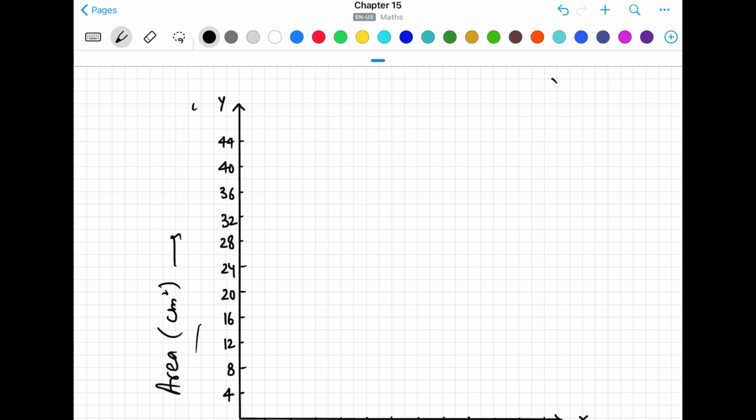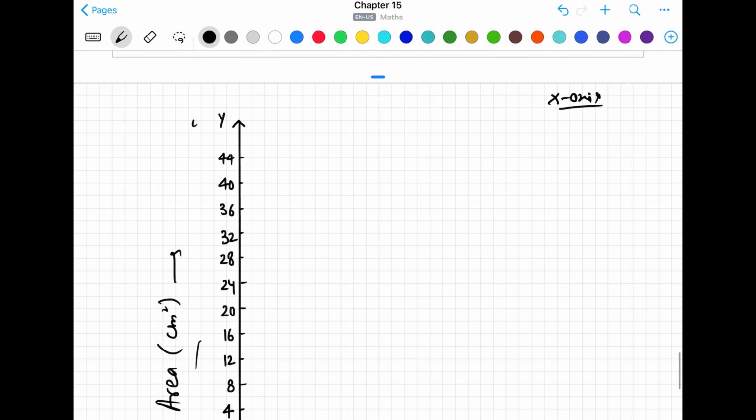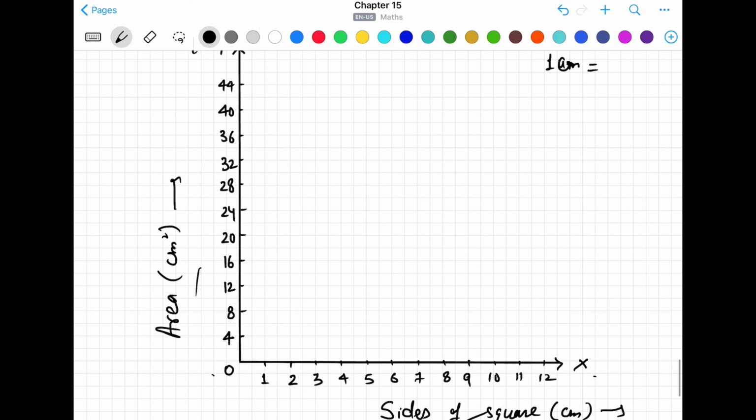On the x-axis 1 unit or 1 box is equal to 1 centimeter, while on the y-axis 1 unit represents 4 centimeter square of area.